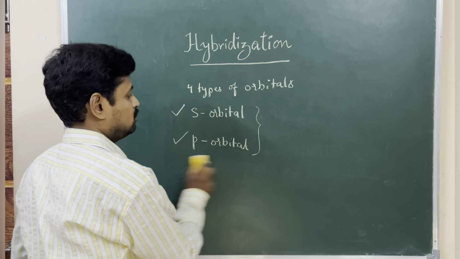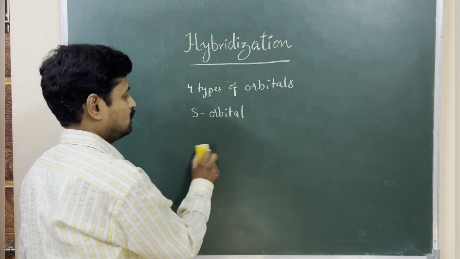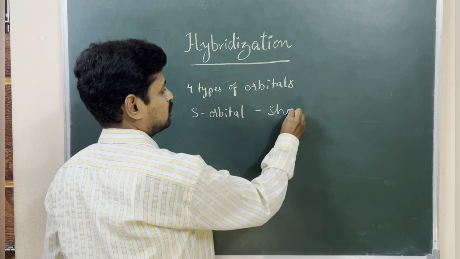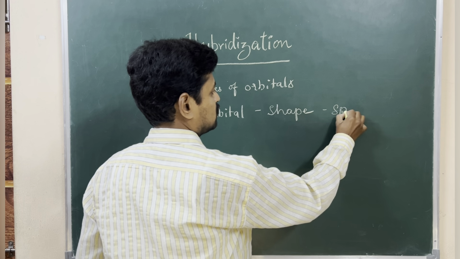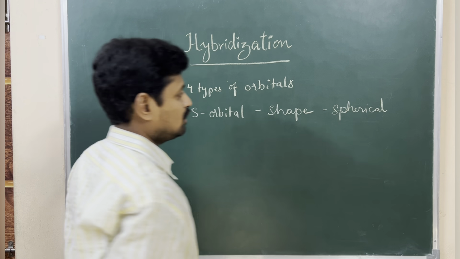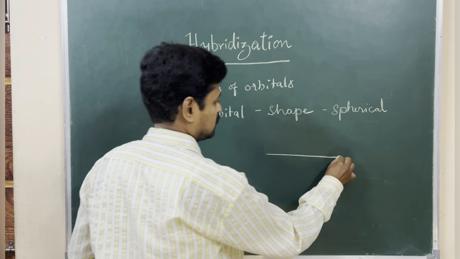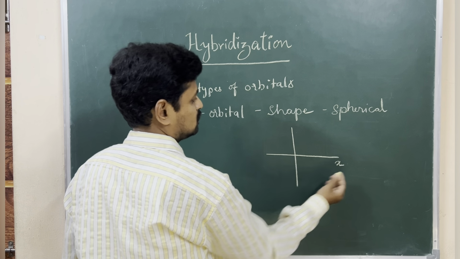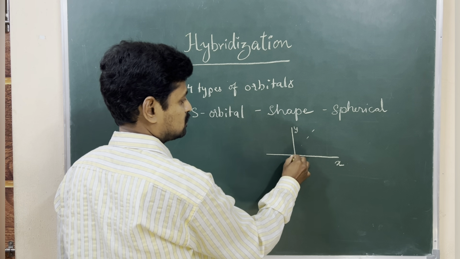Now let us study the s orbital. Its shape is spherical. Let us see how this orbital looks. This is the x-axis and this is the y-axis, and this is the z-axis.